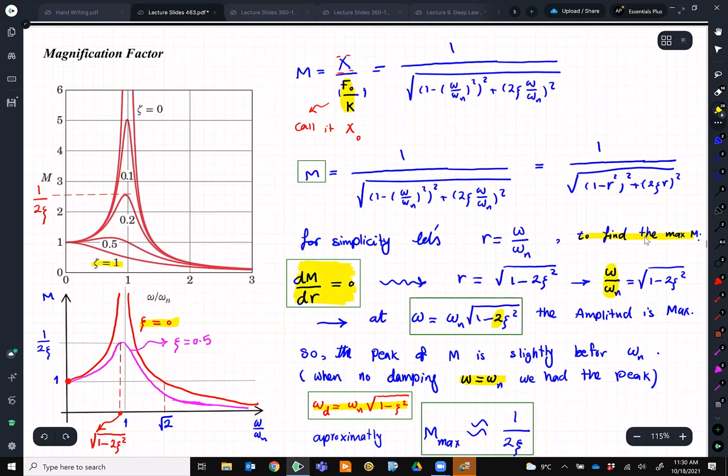What is r? This is just a new variable that I introduced to make my life easier when I take the derivatives. So I will find r. R is this value, which now we know is omega over omega n. And this signifies that at this frequency, the amplitude is maximum. Why? Because dm over dr becomes 0. What is the value of the maximum? Approximately 1 over 2 zeta. Any questions so far?